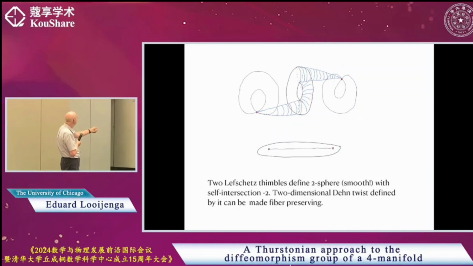You have here that one and that one, they're clearly isotopic. And I've actually given you the isotopy here. And that one here gets contracted there. That one gets contracted there.